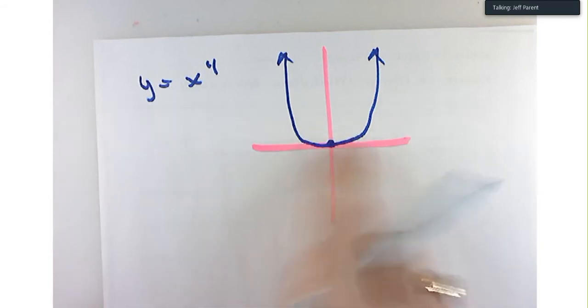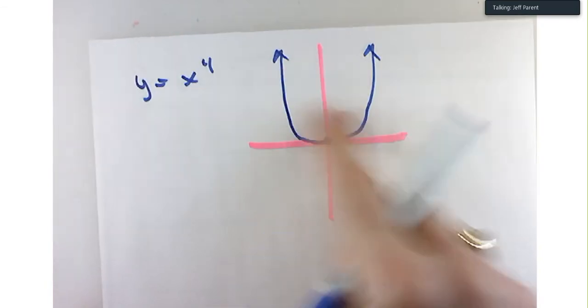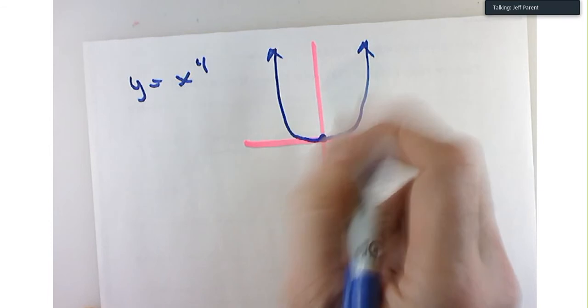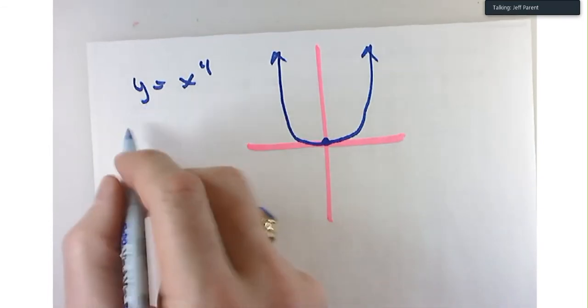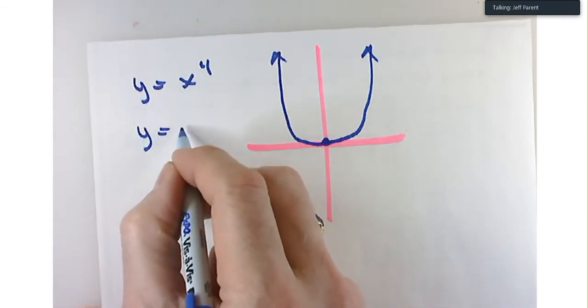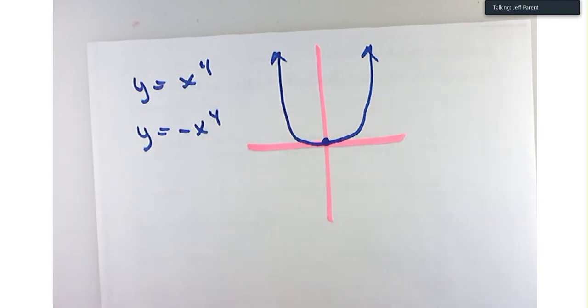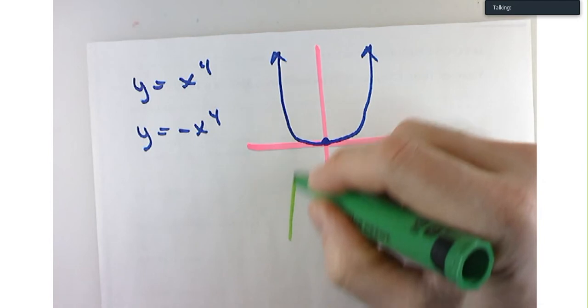It's a little flatter than a parabola. A parabola would have a little bit more of a U or V shape somewhere in between there. What's it going to look like if I looked at y equals -x to the fourth? How is that going to change my graph? It's going to reflect across the x-axis. Perfect. It's going to flip it down. So it's going to look kind of like this.